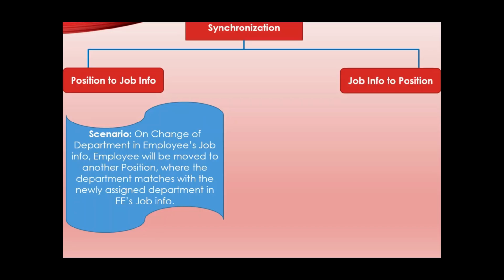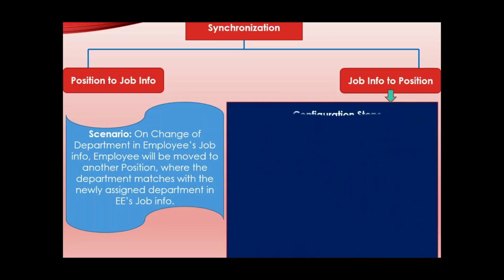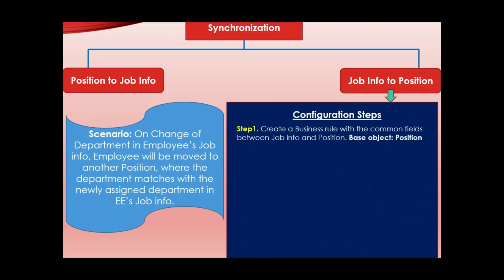So what we need to do via this configuration are the configuration steps. First, we need to create a business rule with the common fields between job info and position, and that business rule's base object should be position.